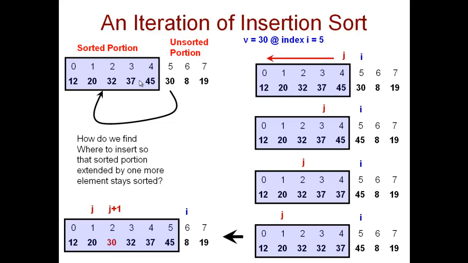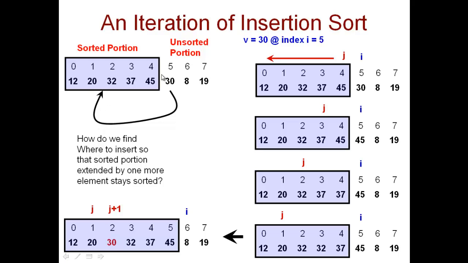In the next iteration, what we have to do is pick the first element in the unsorted portion, which in this case is the element at index 5, and insert that element somewhere in the sorted portion, so that at the end of that iteration the size of the sorted portion increases by 1 and the size of the unsorted portion shrinks by 1, such that the elements in the sorted portion still stay sorted.